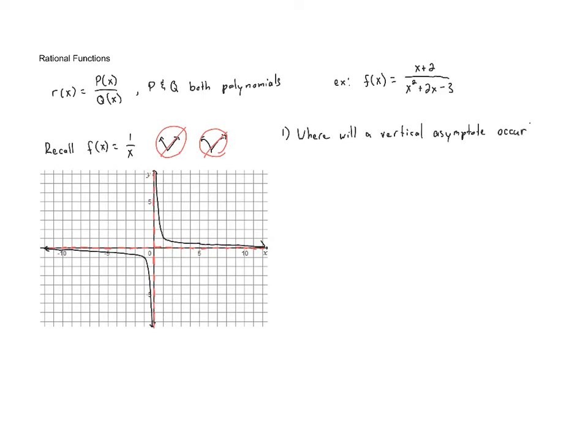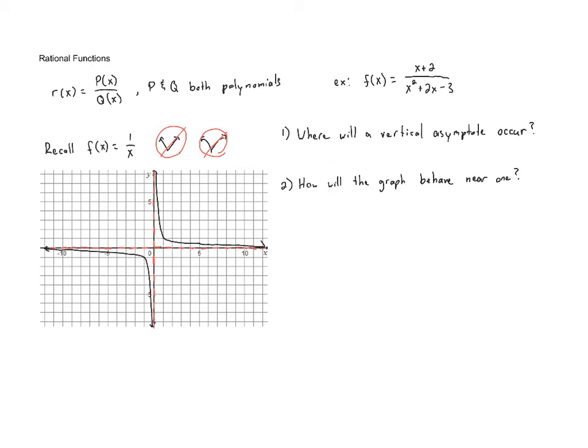We'll focus on other types of asymptotes in future lessons. And then the second question we have is, how will the graph behave near it? And we're going to answer both of these questions. The first one is much simpler than the other.